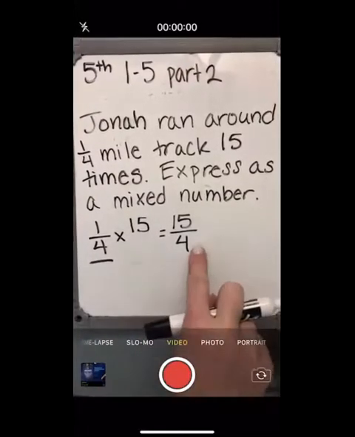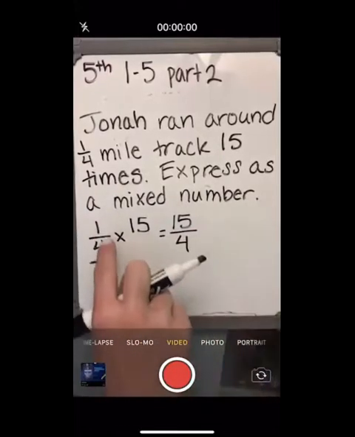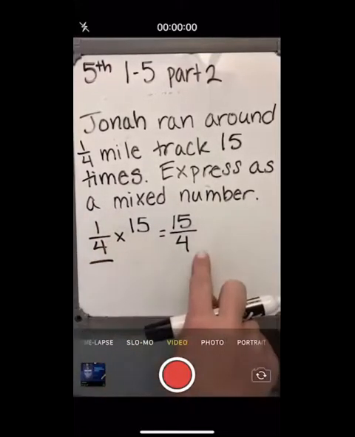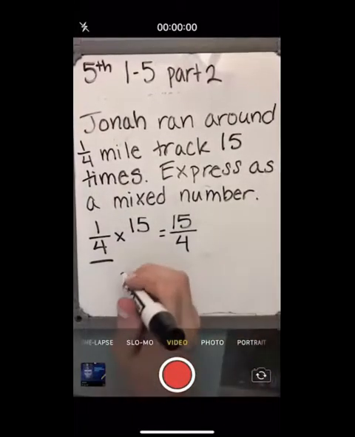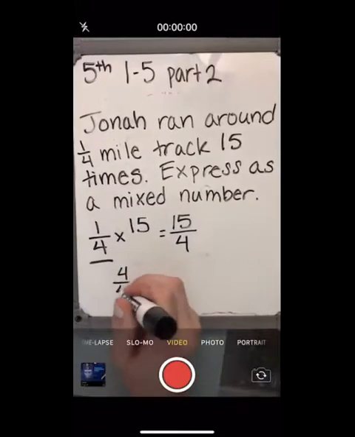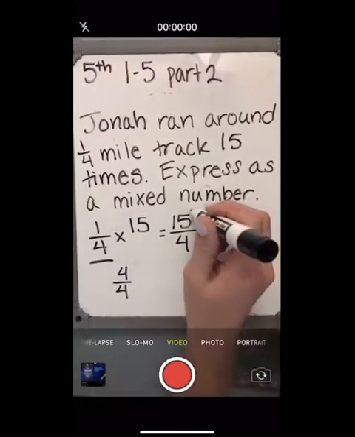So now what I need to do is, okay, he ran, each one is 1/4. He ran 15 of those. Okay, so now this is where I need to get it to a mixed number. I need to pull out my wholes. Well, he can definitely run 1 whole. And again, if you want to do your little math up here, this might help you.